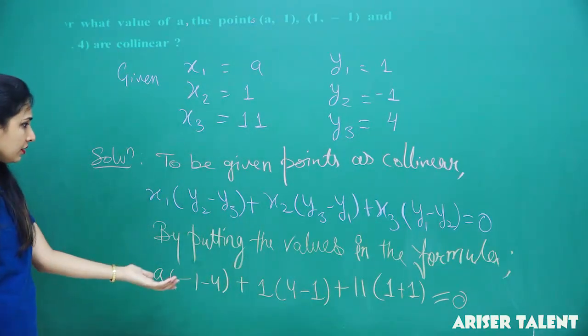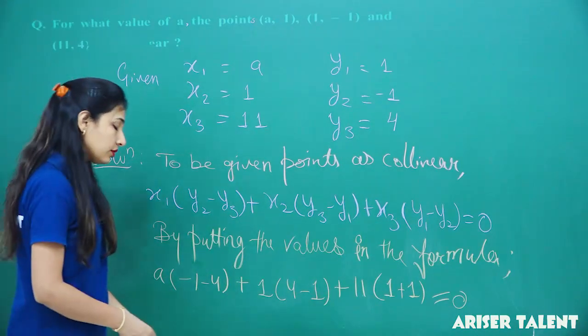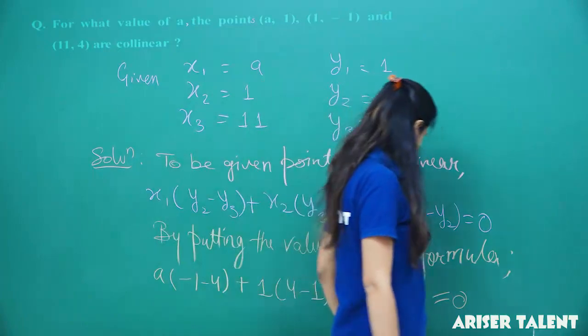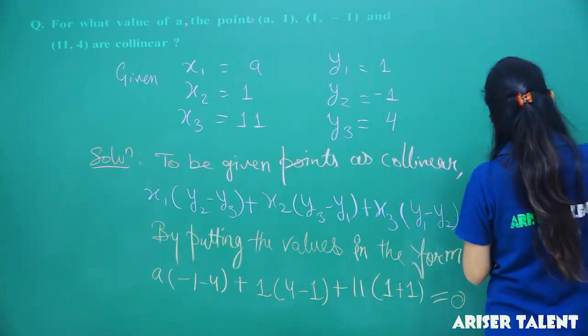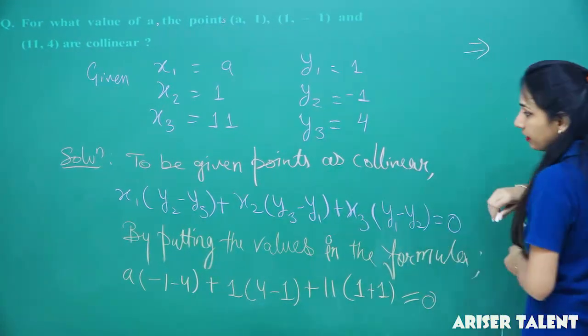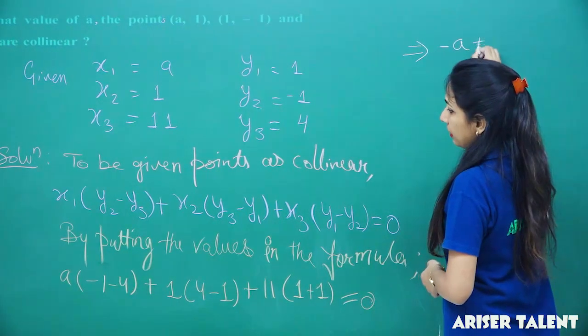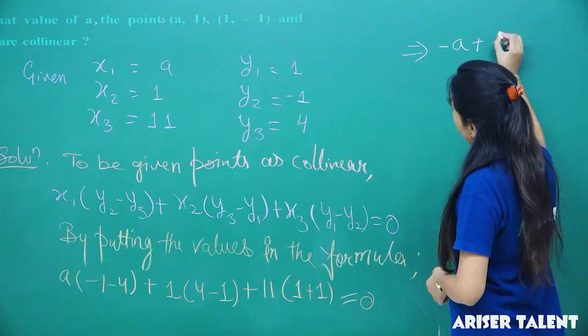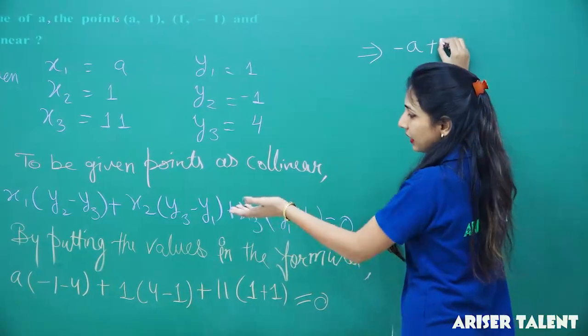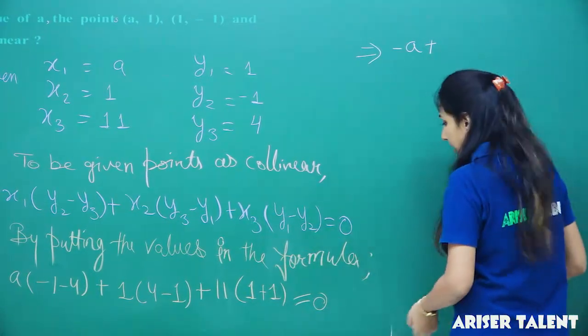So I am having this equation with only one unknown, and it's so easy, guys. That implies minus a plus 4a, so I can just do minus 1 minus 4, that's minus 5.